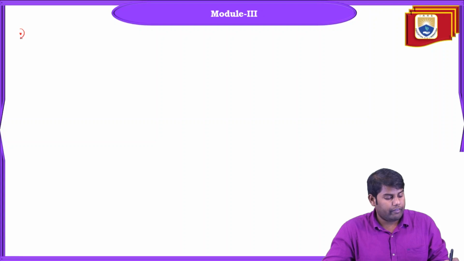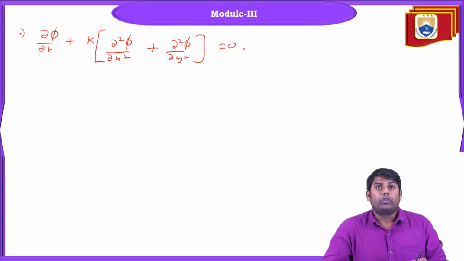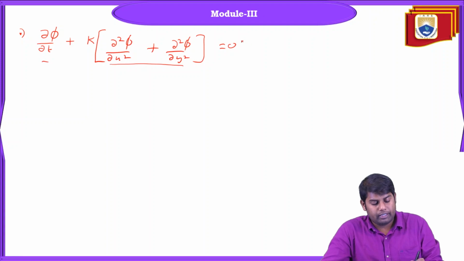So take the equation again, which is dou phi by dou t plus k into dou square phi by dou x square plus dou square phi by dou y square equal to 0. For the implicit method, the RHS term will change. The second term will change; the first term is unaffected. Okay, so we'll see how. The first term, let us write here itself.